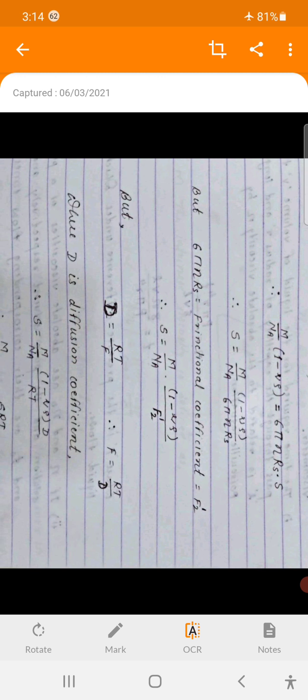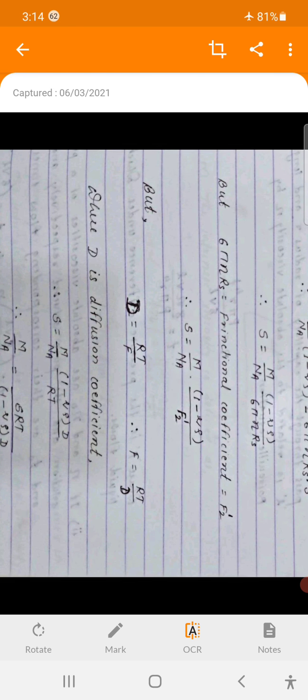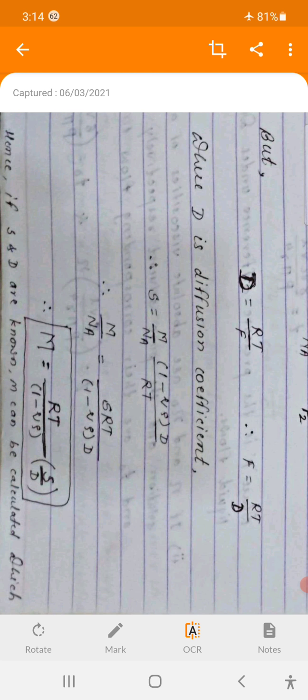It can be calculated by this equation using the values of RT, mu, rho, which are constants. If S and D are known, we can calculate the molecular weight of that polymer sample.